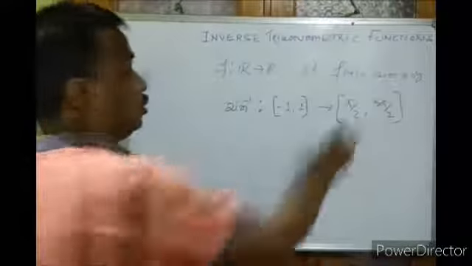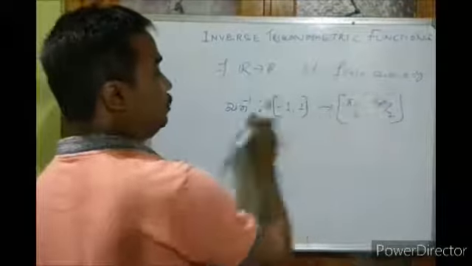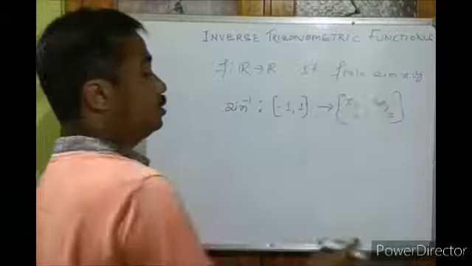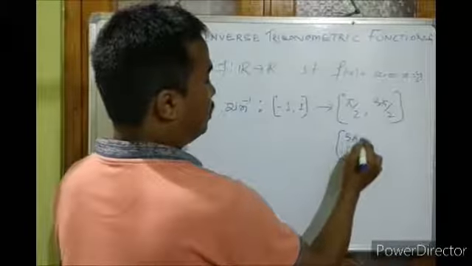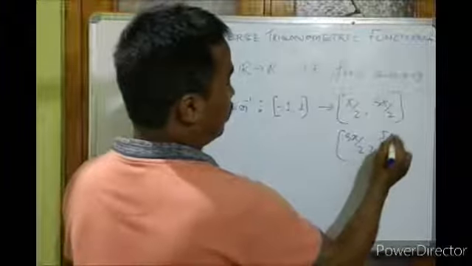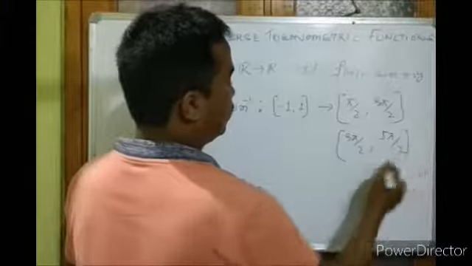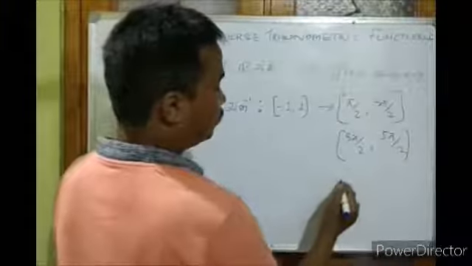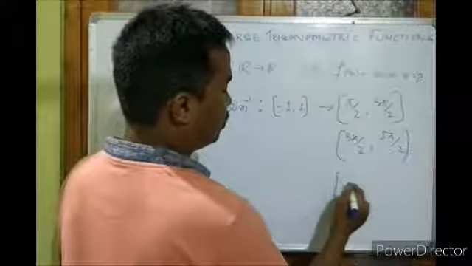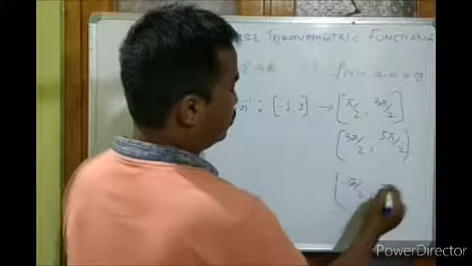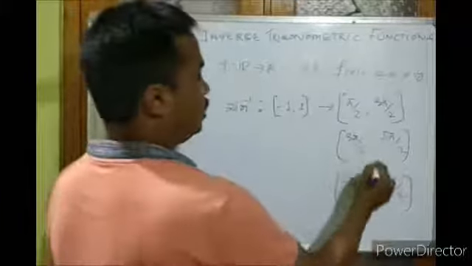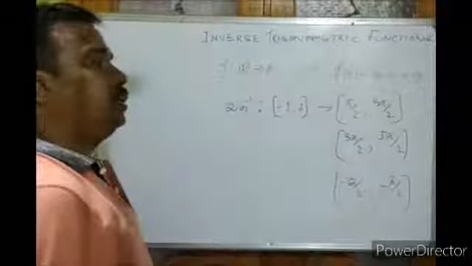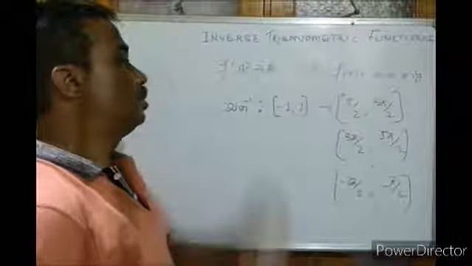Here the range of this function is changing. We can change it to 3 pi by 2 to 5 pi by 2, or minus 3 pi by 2 to minus pi by 2. In this way we can have many ranges of this function.